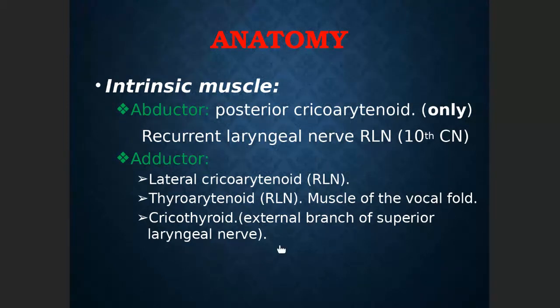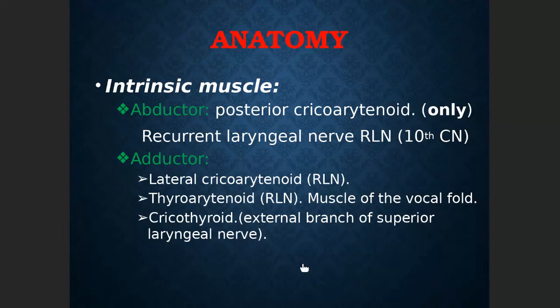All the larynx is supplied by the vagus nerve and its branches, the recurrent and superior laryngeal nerves. Adductors are the lateral cricoarytenoid and thyroarytenoid. The cricothyroid, actually supplied by the external branch of the superior laryngeal nerve, is the tensor.